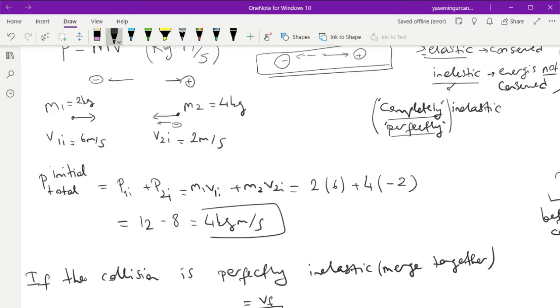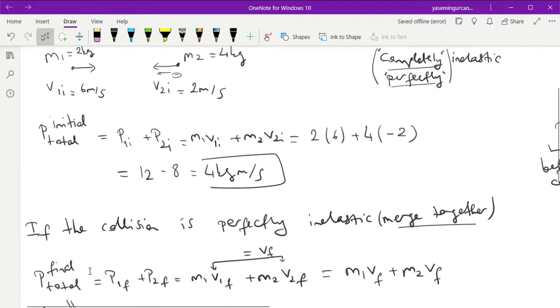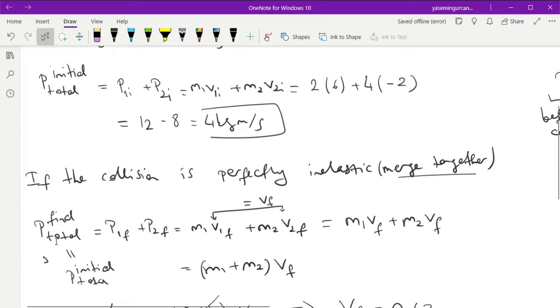So if this collision is perfectly inelastic or completely inelastic, we know them to be merged together after the collision. So I just wrote here what is the total final momentum. It's basically, again, momentum of the first object plus momentum of the second object, that you will need to add to find the total momentum after the collision, merged together.